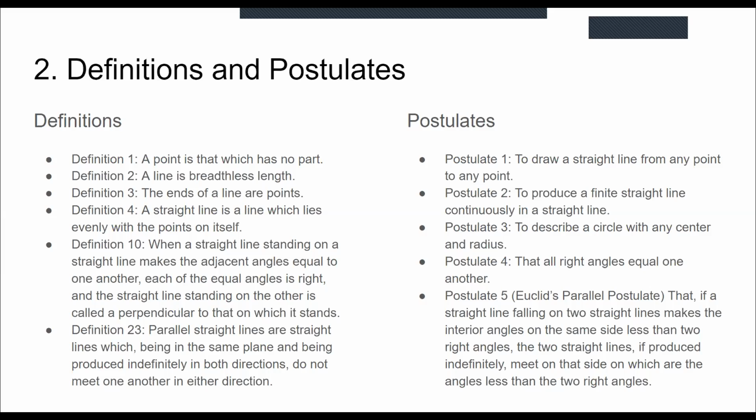Did I hear that right? Yeah. So I'm not sure if Playfair himself said this, but I believe Playfair's axiom was a lot easier to use. So there were some suggestions to just switch out postulate 5 with his axiom.